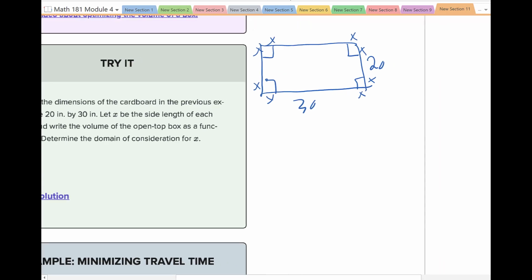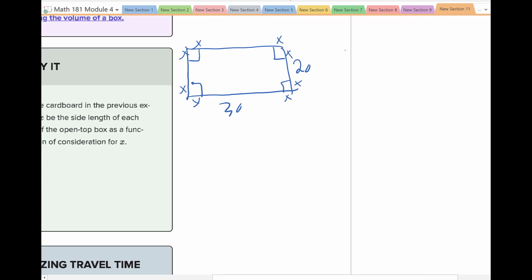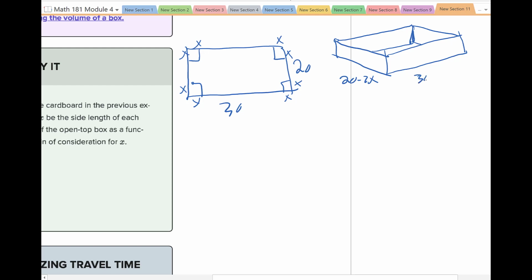If we look at the box that we end up with, I don't do a drawing tonight. Okay, so we'd have 20 minus 2x here, 30 minus 2x, and then x.